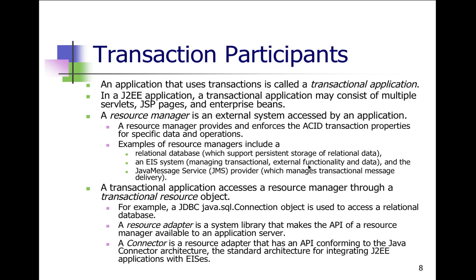So the transaction application accesses a resource manager through a transaction resource object. So we create a transaction resource object to manage the transactions. And for example, a JDBC Java SQL connection object is used to access a relational database. And that's actually considered a lightweight transaction manager.